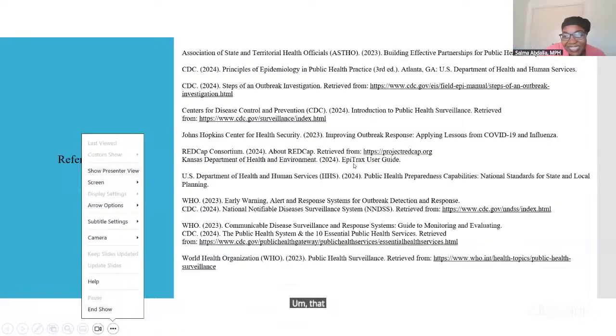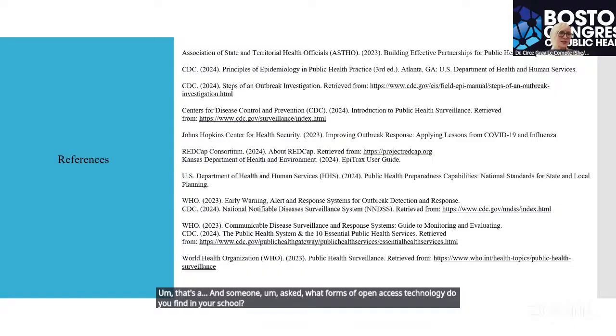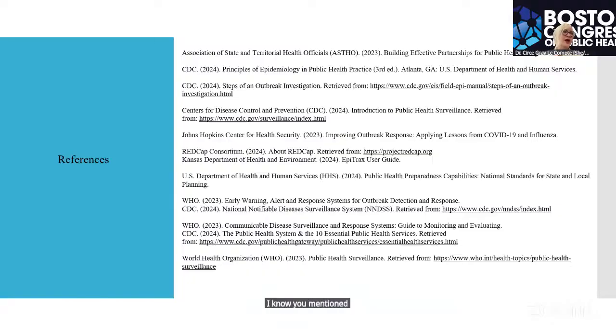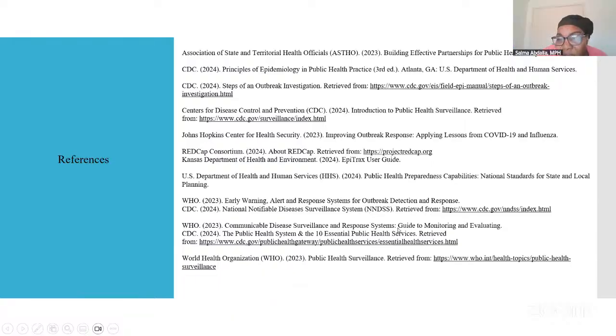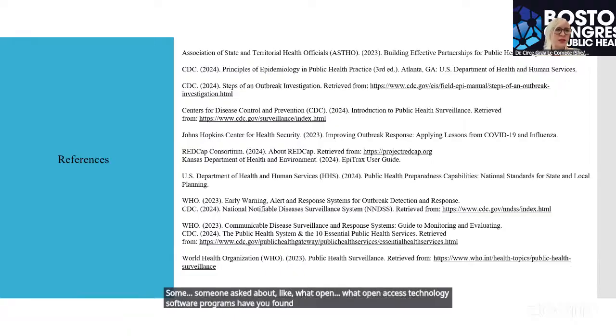Someone asked what open access technology software programs you have found most useful in disease surveillance.